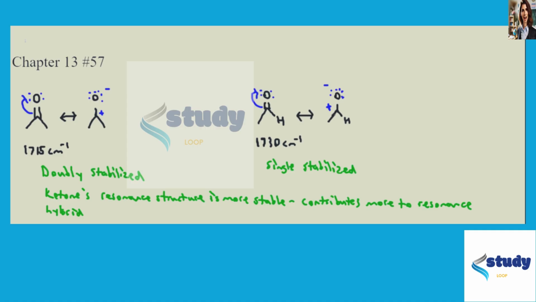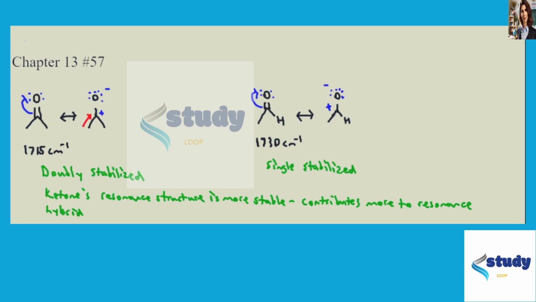The answer to this question is going to be found by looking at the charge-separated resonance structure for each of these two molecules. So I've drawn a simple ketone and a simple aldehyde here, just a methyl group for each. In the charge-separated resonance structure for the ketone, there are two methyl groups, one to either side of the carbonyl carbon.